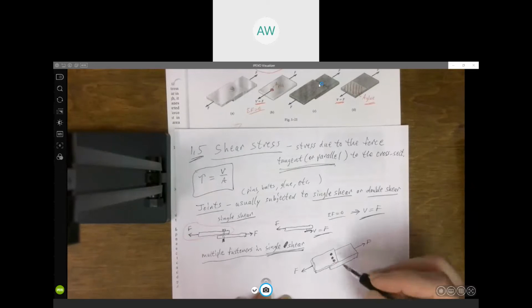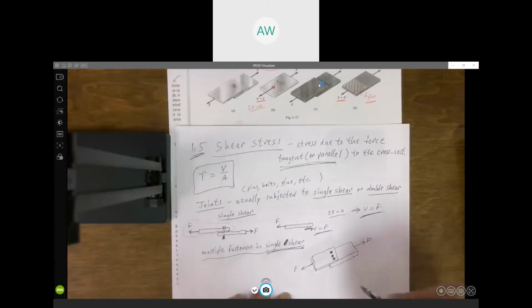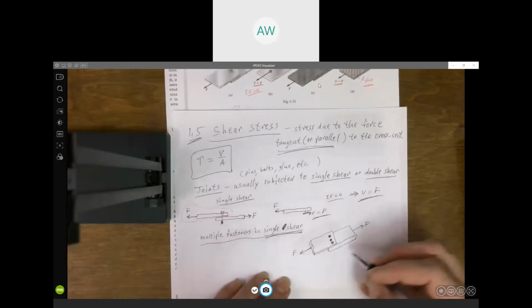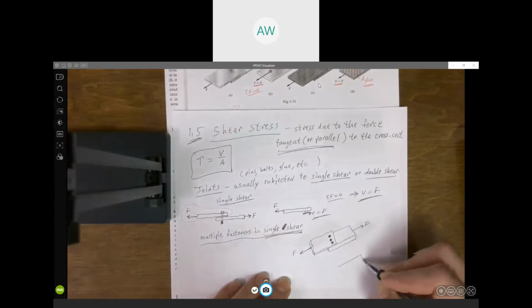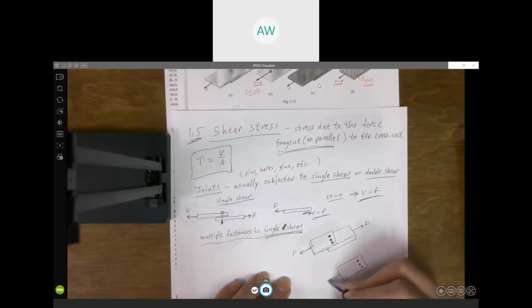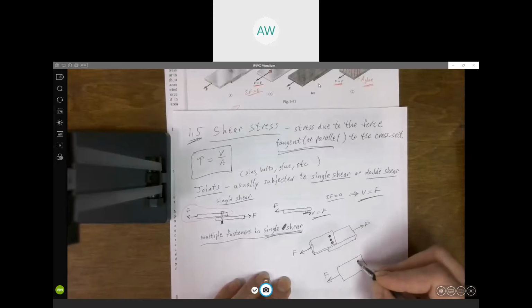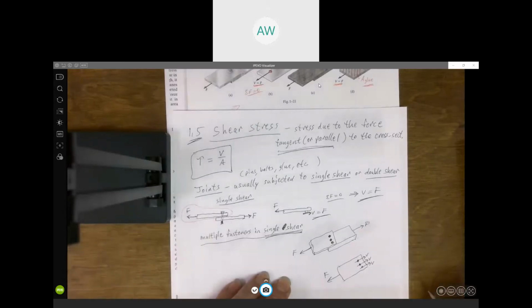But the shear force on each bolt would be, let's see, I can draw this. Let's go this way. So you've got this force F here. You're going to have shear force V on that bolt, shear force V on that bolt, and shear force V on that bolt.